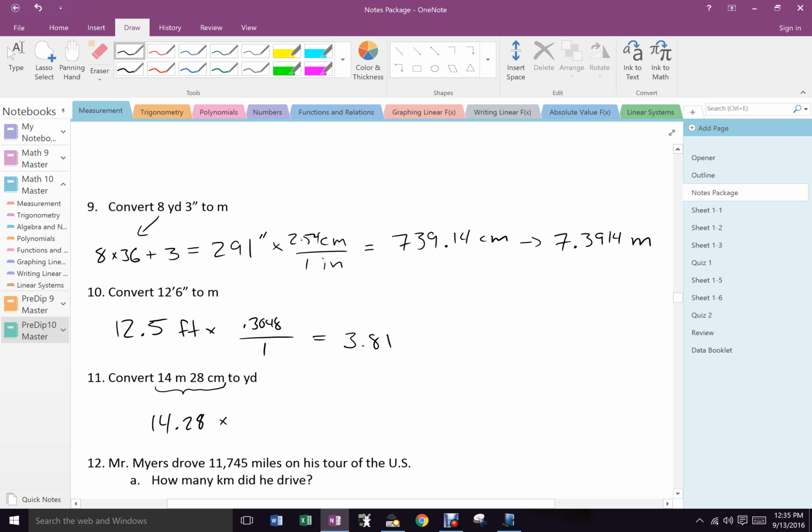I want yards, so it's 1 yard over 0.9144 meters. When the 1 is on the top, it's divide, and I get 15.61. Everybody cool?